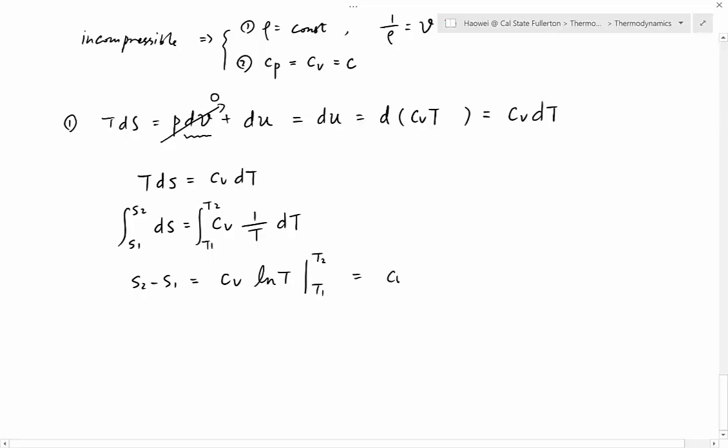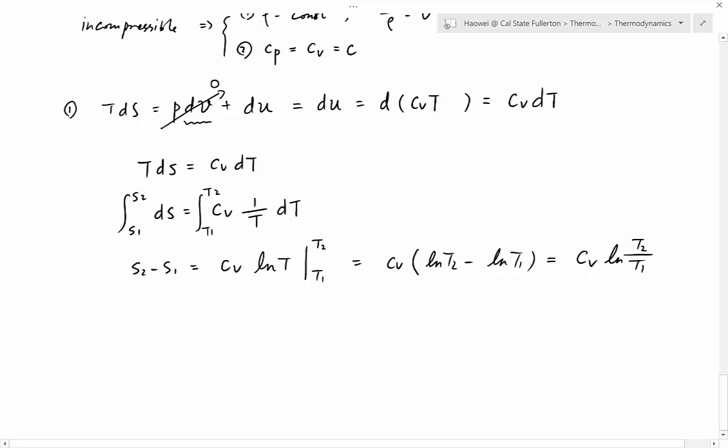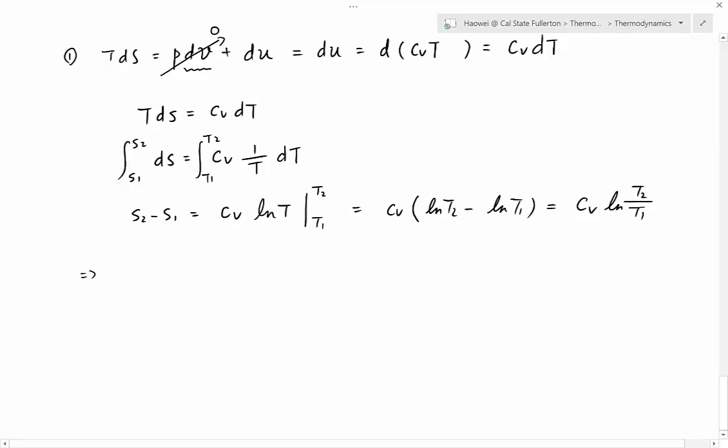Okay, so that becomes Cv times natural log T2 minus natural log T1. And natural log T2 minus natural log T1 can be rewritten as natural log T2 over T1. So now our final solution is s2 minus s1, which we can just call delta s. The change of entropy is equal to Cv times natural log T2 over T1.